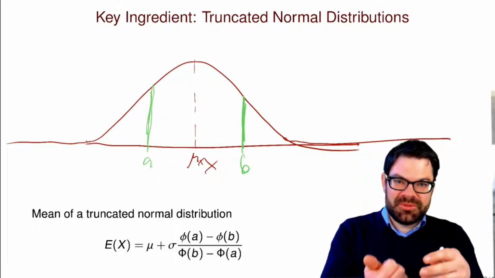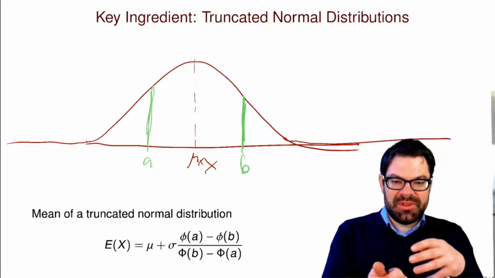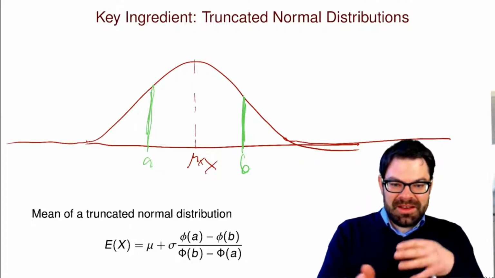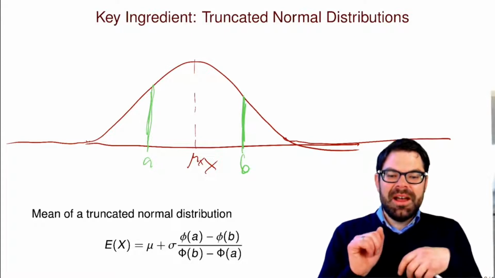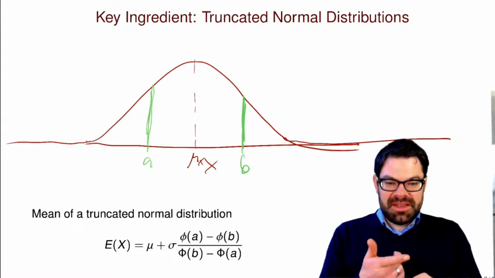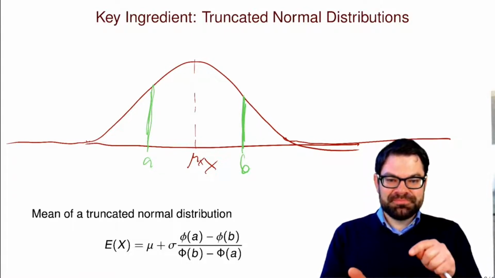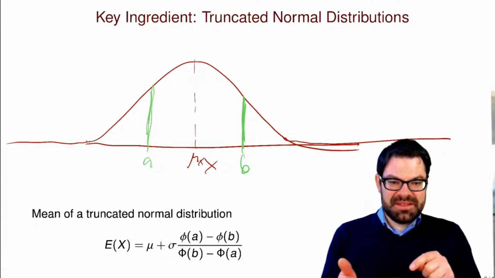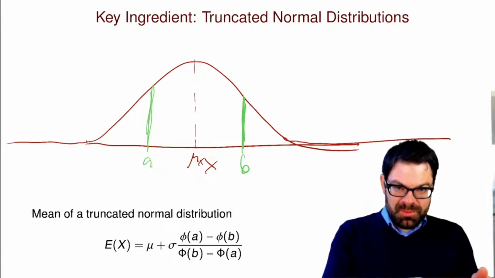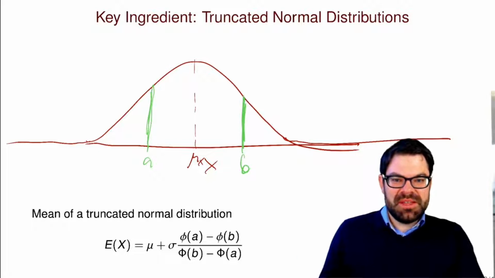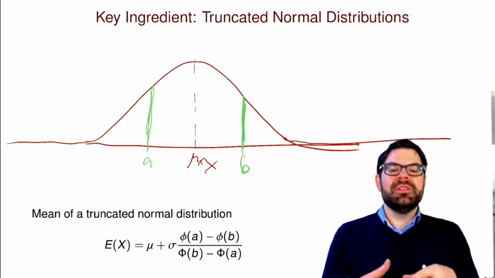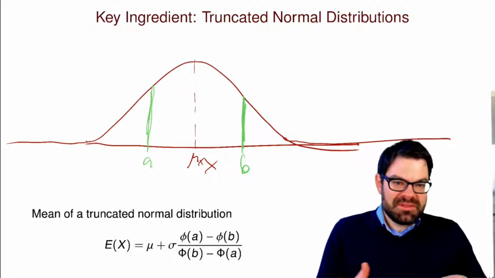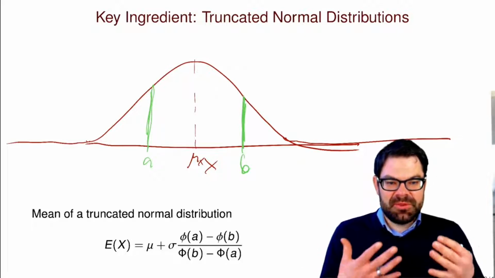I mean, we obviously have to assume what the mean is, but if we standardize things to mean 0 and standard deviation 1, that's it. Based on the mean and standard deviation and the probability density function and the cumulative density of those two boundaries, we can actually calculate the mean. And that's a straightforward insight from statistics.